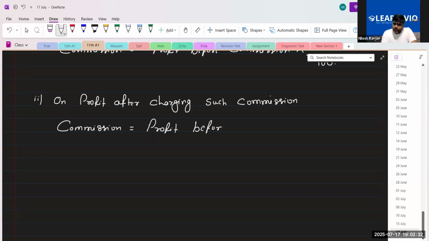We have to use profit before commission here also, but the formula will be different. To understand this, it will be rate by 100 plus rate. Okay, so this is the formula we have to use.